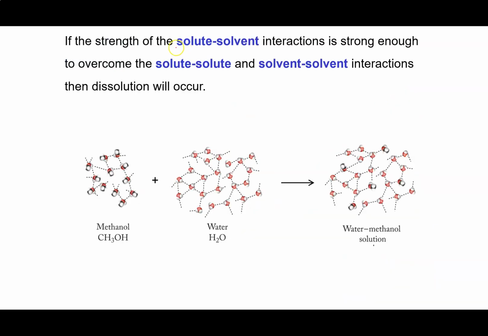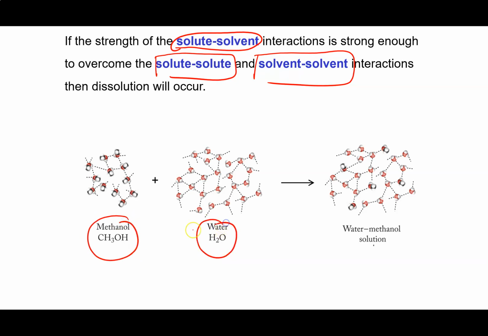So if the strength of the solute-solvent interactions is strong enough to overcome the energy that is used to break the solvent apart from each other and to break the solute apart from each other, then the substance will dissolve. If I take something like methanol and mix it with water, I'm going to have to break some H bonds in my methanol, and some H bonds in my water.